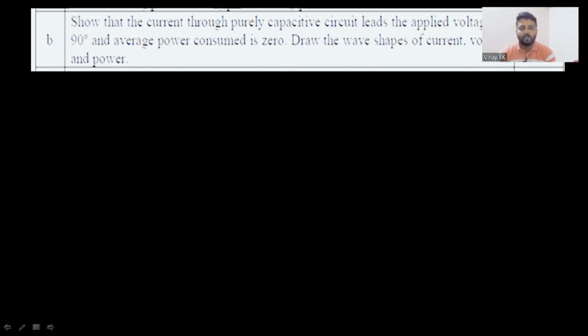To prove that power consumed is 0, you have to define the instantaneous value of power. P is given by the instantaneous value of voltage and the instantaneous value of current.